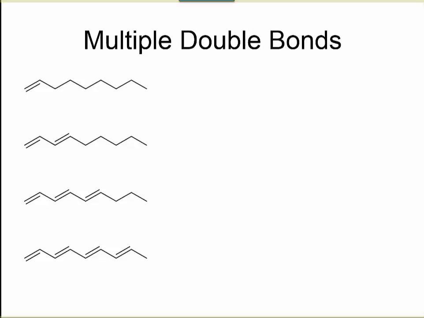So for instance, the first example, I have non-1-ene. Now that's the new way. You'll often see it named as 1-nonene, the old way. For the diene, the root actually becomes nona.